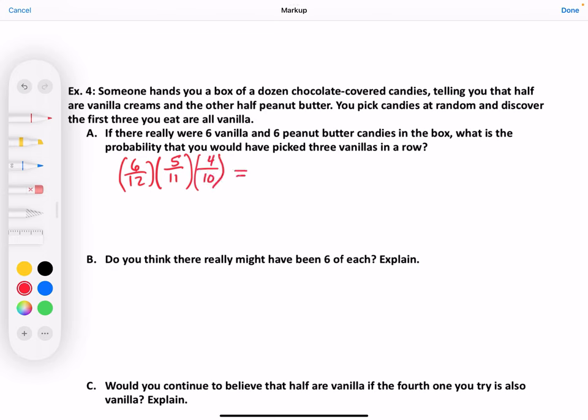So what is that probability? That is 120 over 1,320. Okay, which is what in a decimal?